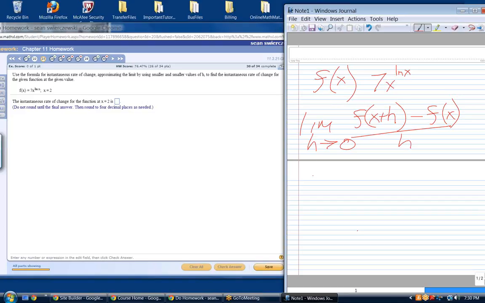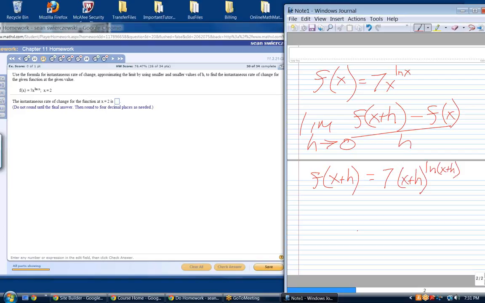So if f of x is 7 times x raised to the natural log of x, what is f of x plus h? Well, first of all, 7 times x plus h raised to the natural log of x plus h.